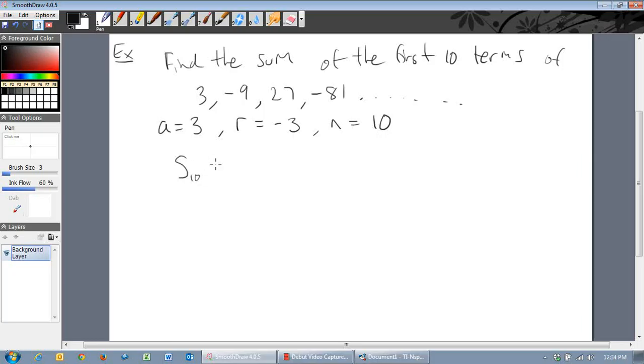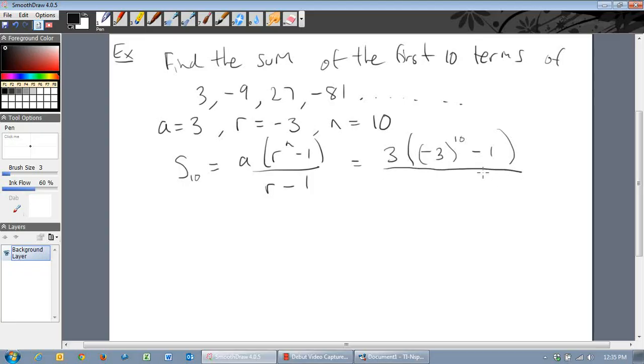So S10, our sum of the first 10 terms, is going to be equal to A, where A is 3, times (r to the power n), so negative 3 to the power of 10, minus 1, so get your negatives right, don't mess it up, over r minus 1, negative 3 minus 1.